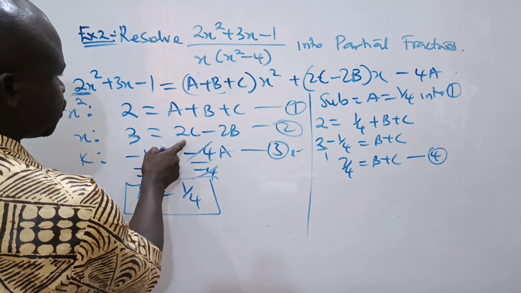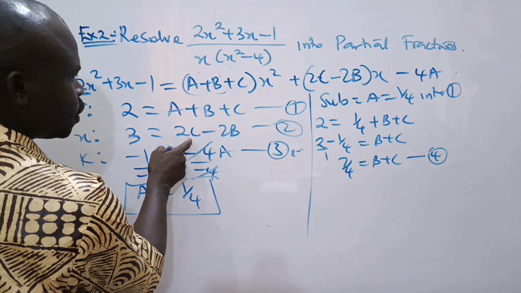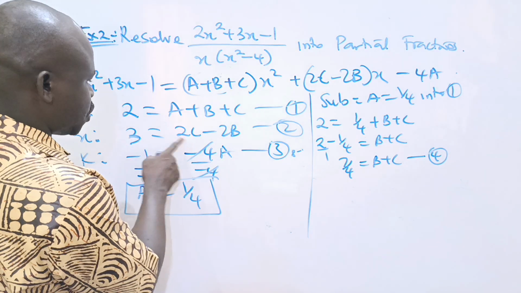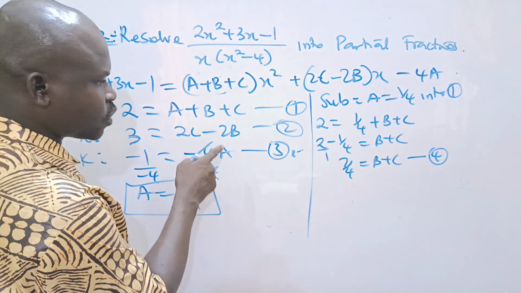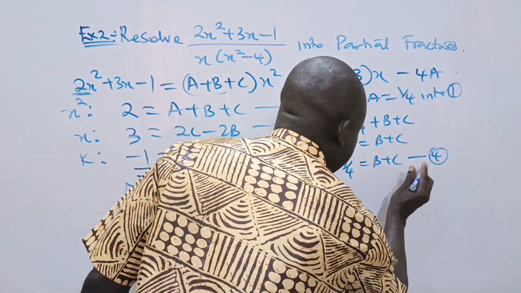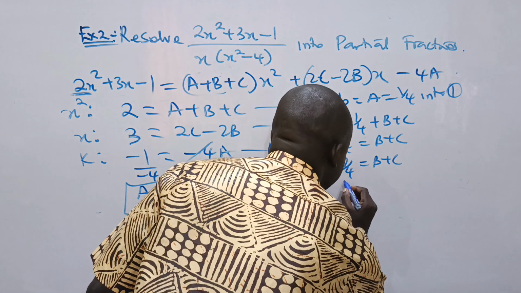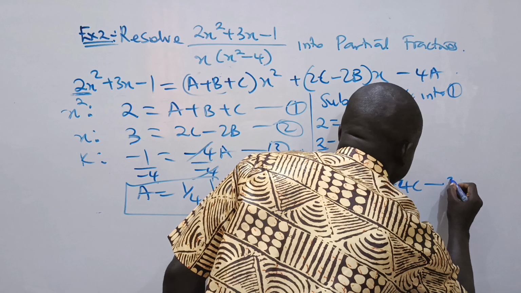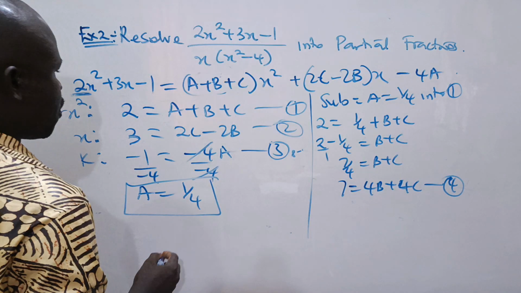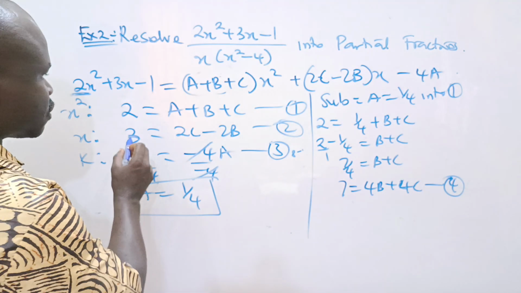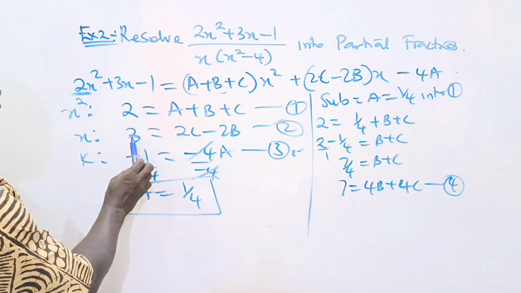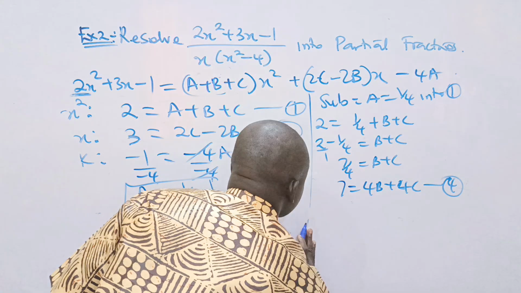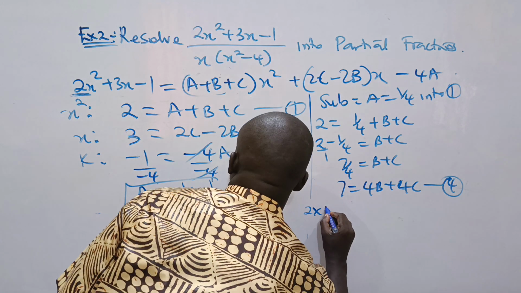Then let's combine it with equation 2, where we have 3 equal to 2c plus 2b. Before I combine it, I can cross multiply to get 7 equal to 4b plus 4c. Let's say this is equation 4. Then I will multiply equation 2 by 2.